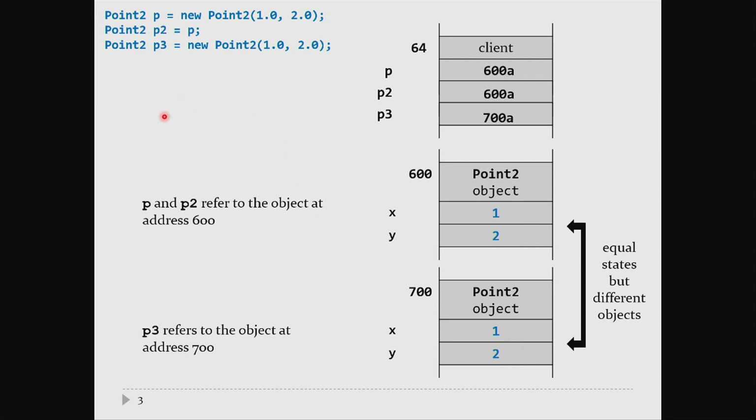Now remember, p and p2, as far as equals is concerned, are equal. So when you ask if p equals p2, you get true, but that's because they're the same object. When you ask if p3 equals p, you've got two different objects, so as far as equals is concerned right now, the answer is false. They're not equal.